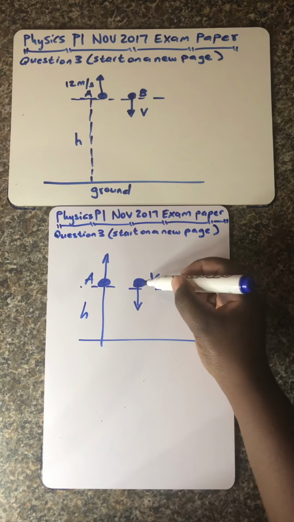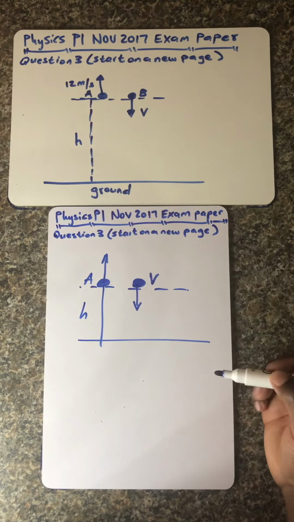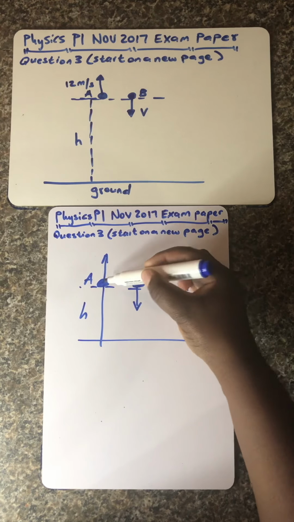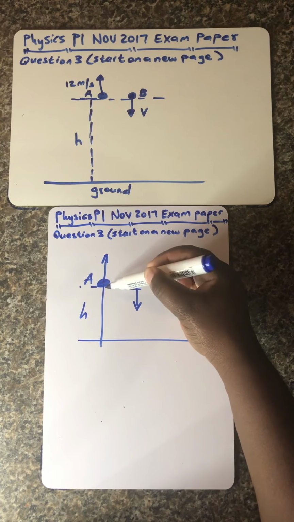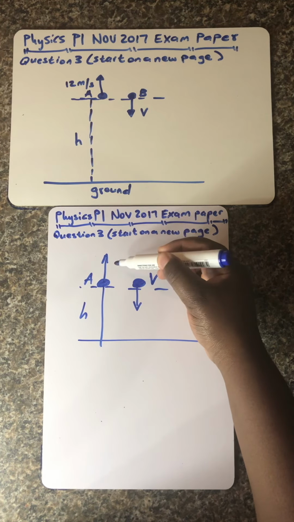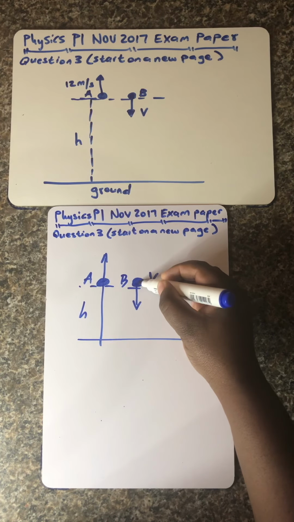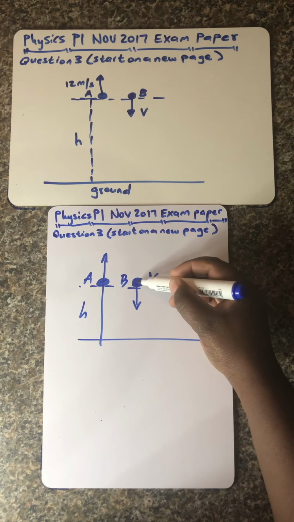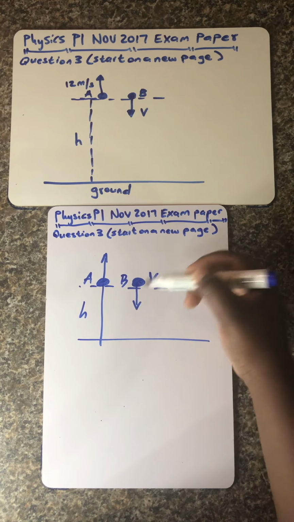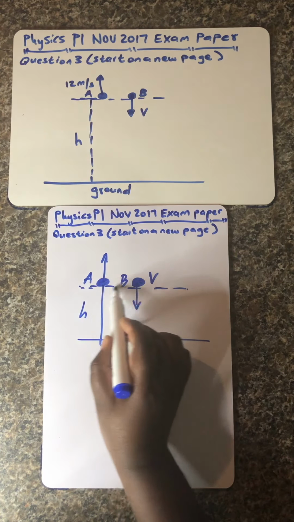Either you drop it or you throw it downwards. So in this instance, they say at the same instant that stone A, which is that one, is projected vertically upwards, stone B, which is that one, is thrown vertically downwards from the same height.